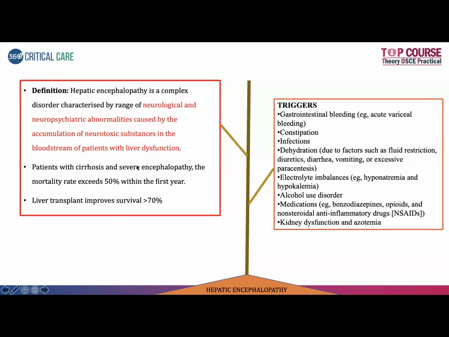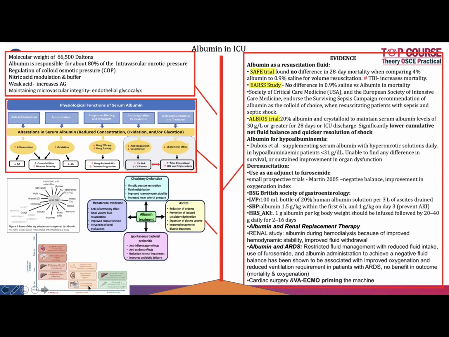Other scenarios where we can use it: intradialytic hypotension. For example, if the patient is undergoing dialysis and you want to remove additional fluid, but the hemodynamic status of the patient is not giving you the opportunity, then you can try albumin. This is some of the low quality evidence.